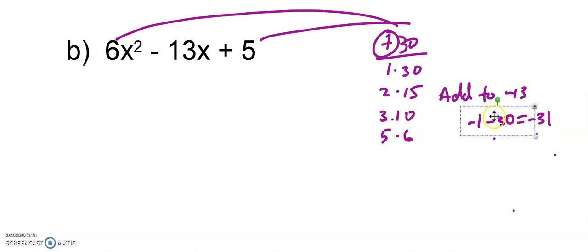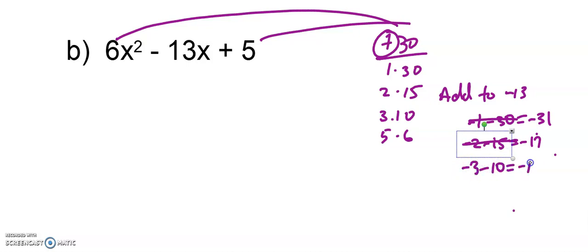That's not it. Negative 2 and negative 15 is negative 17, which isn't the magic number of negative 13. Negative 3 minus 10 is negative 13. Oh, there it is. The two numbers are negative 3 and negative 10.